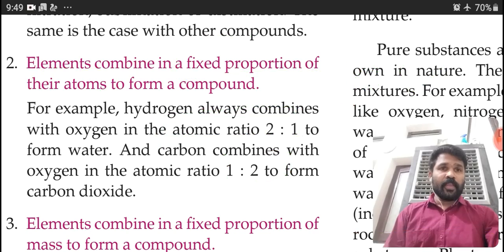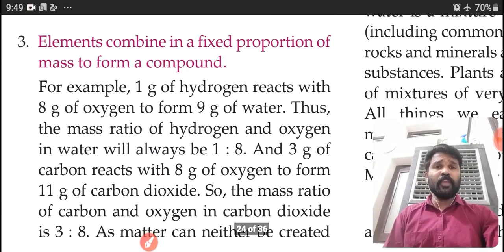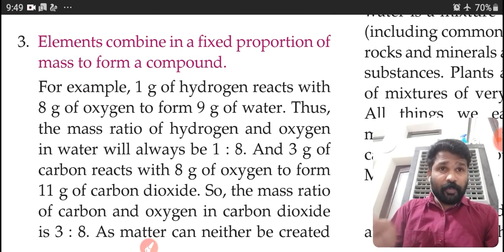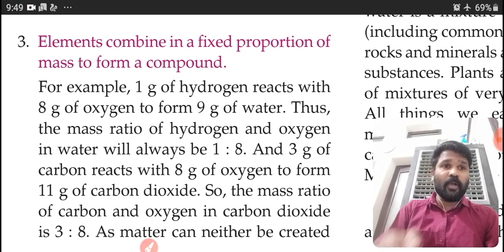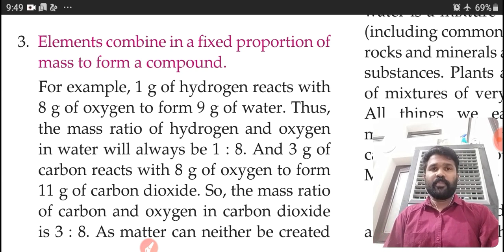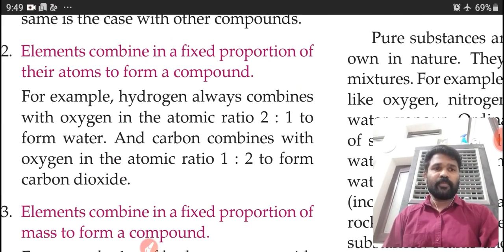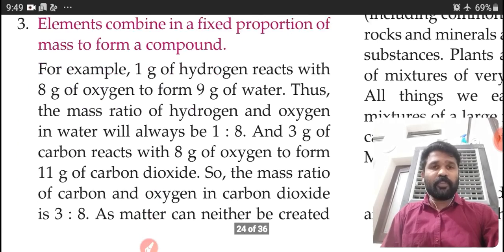Okay, another one, third property. Elements combine in a fixed proportion of mass to form a compound. Here it is a fixed proportion of atoms, here a fixed proportion of mass.